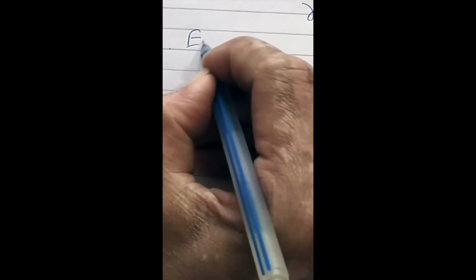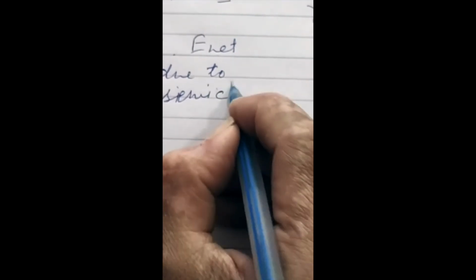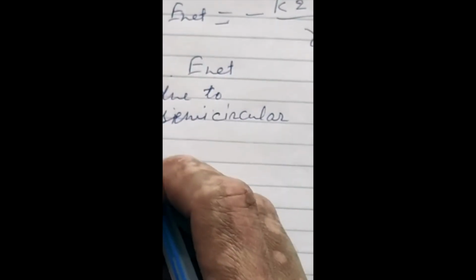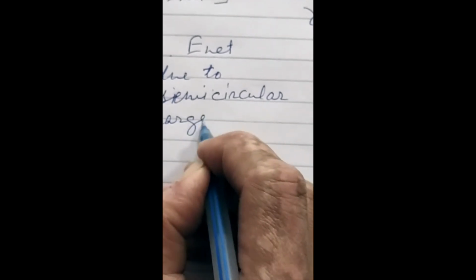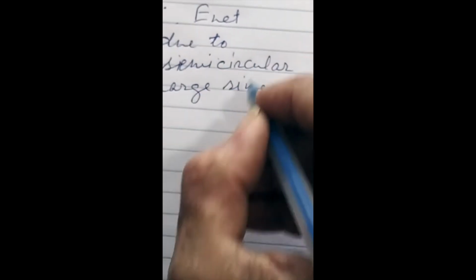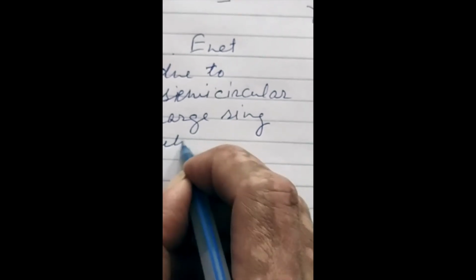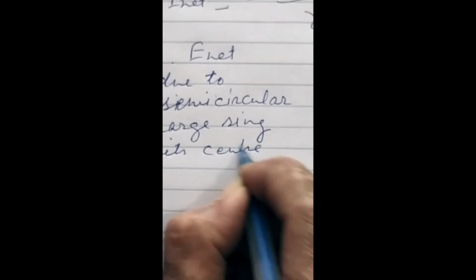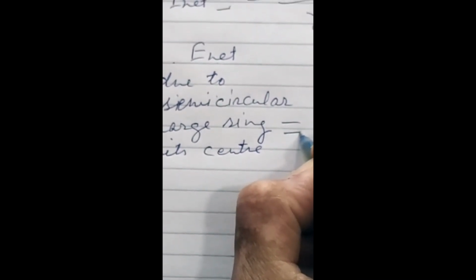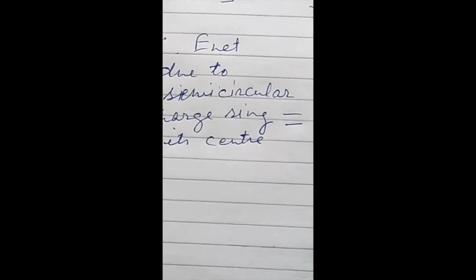Therefore the electric field net due to a semicircular charged ring at its center comes equal to minus k 2 lambda by r into sin 90 degree, which is equal to 1, j cap.